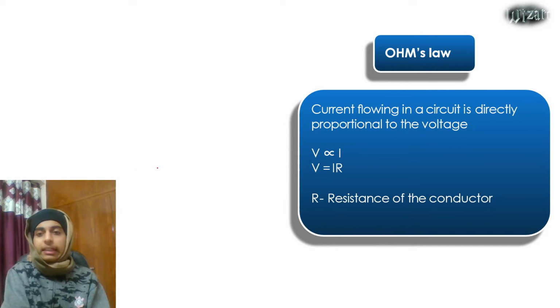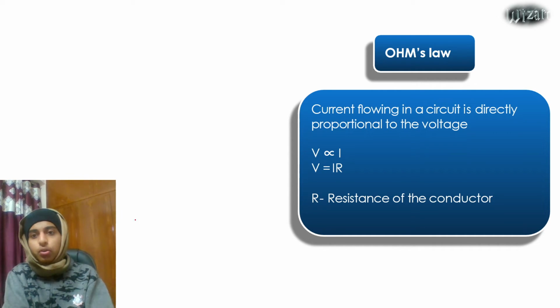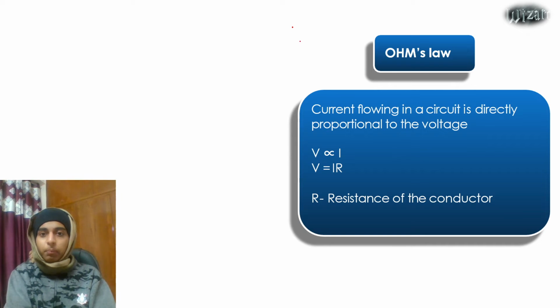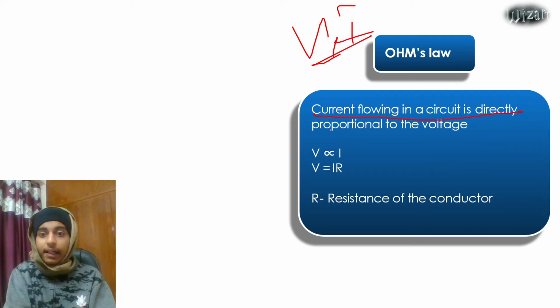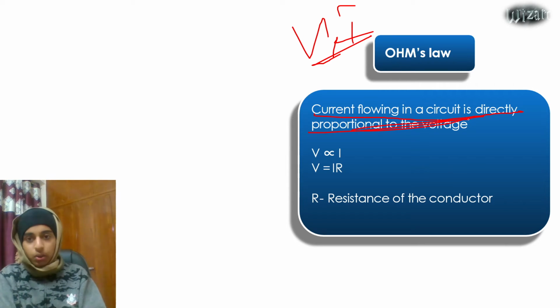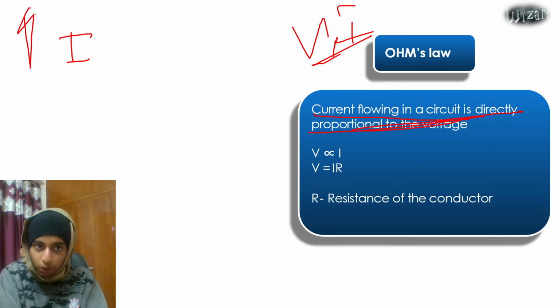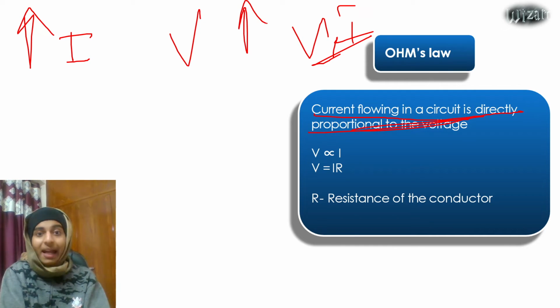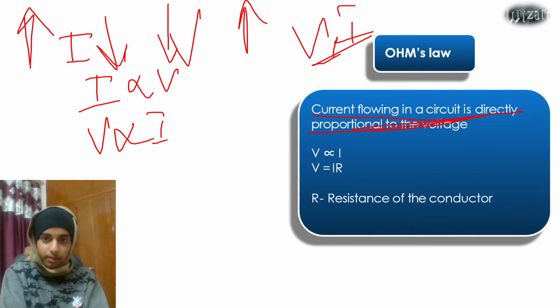But then what is the relationship between potential difference and current? The relationship is that the current flowing in a circuit is directly proportional to the voltage. So what does it mean? If the current is going to increase in any circuit, voltage will automatically increase. If current decreases, voltage will also decrease. So this means that current is directly proportional to voltage, or voltage is directly proportional to current.